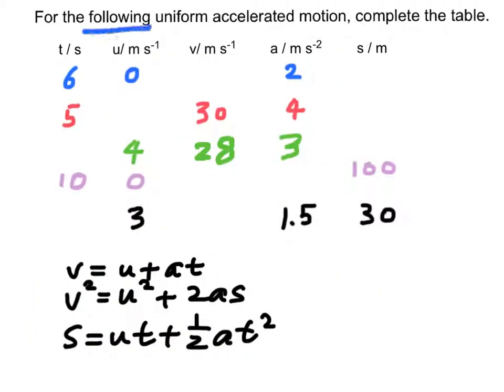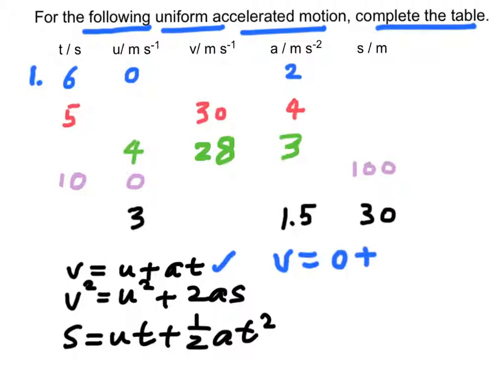For the following uniform accelerated motion, complete the table. For case 1, we have v equal to u plus at. Therefore, v equal to 0 plus 2 times 6, which is equal to 12.